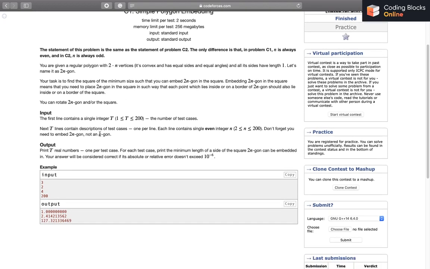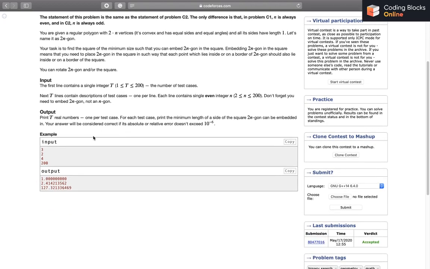We'll have multiple test cases, and the number of test cases can be up to 200. The next t lines in the input will be the test cases themselves. Each line will have one single positive even integer n, which can be from 2 to 200. And don't forget that we need to embed a 2n-gon and not an n-gon.